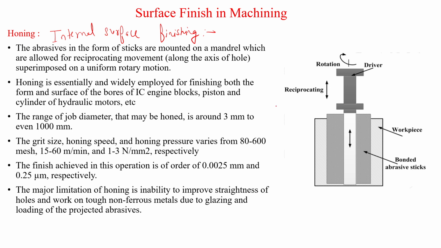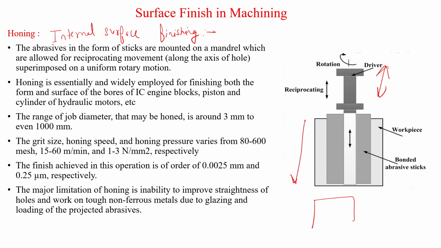See, this is the workpiece and this is the driver, which is moving in this direction, reciprocating, and also rotating. You can see the abrasive streaks present inside the driver, and when it is pushing up and down, the abrasive particles remove the irregularity inside the workpiece.